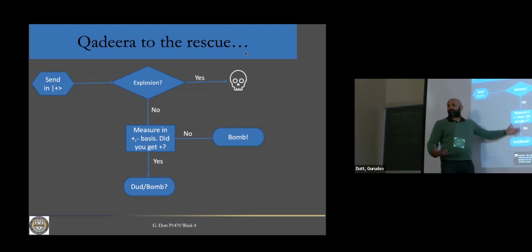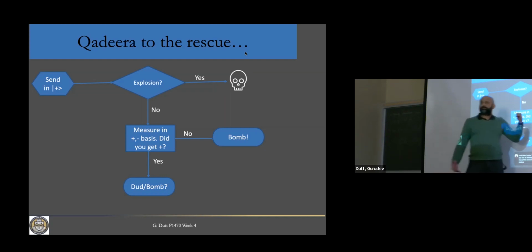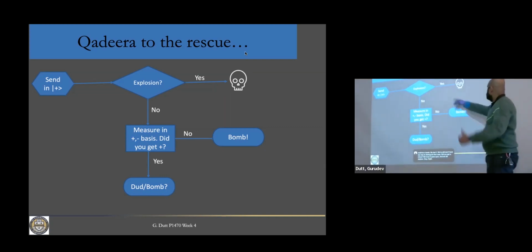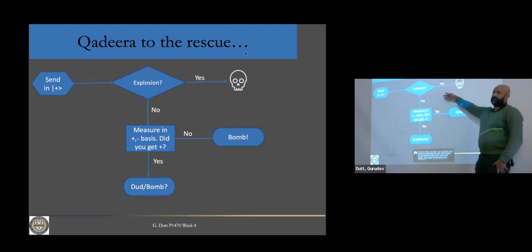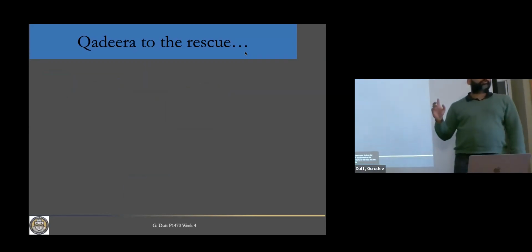We don't know. We still don't have any way to distinguish that case. But if we get a minus, we know it was a bomb and we didn't explode. Okay? And of course, we can work out the probabilities. That's on the next slide. Any questions on this so far?